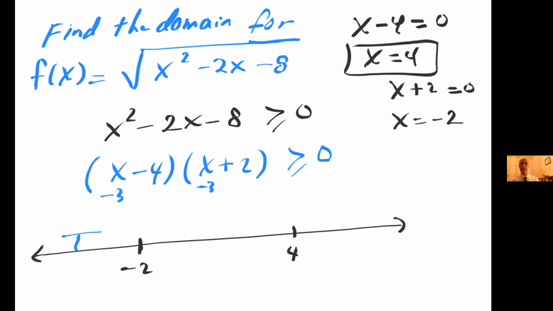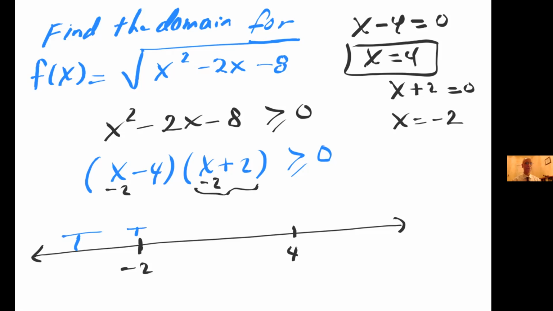How about negative 2 itself? If I plug in negative 2 for x, notice that this parenthesis becomes 0. Negative 2 plus 2 is 0, and 0 times anything is 0. And 0 is greater than or equal to 0. So I'm going to put a T on top of negative 2.